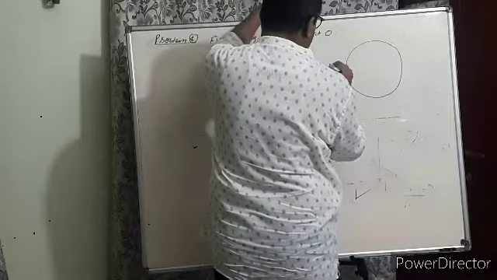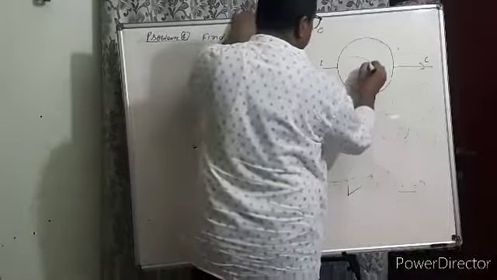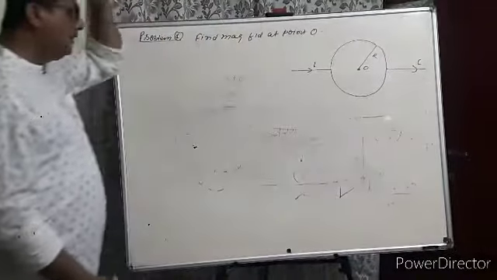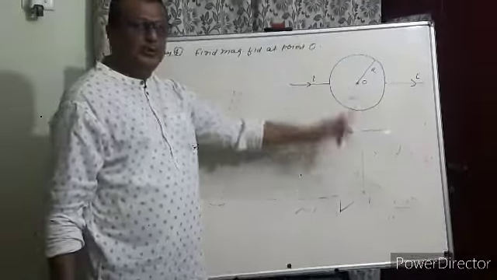Current is going like that, entering from here. This is the radius and here is the O. This is the question. Now we have to find the magnetic field at point O.